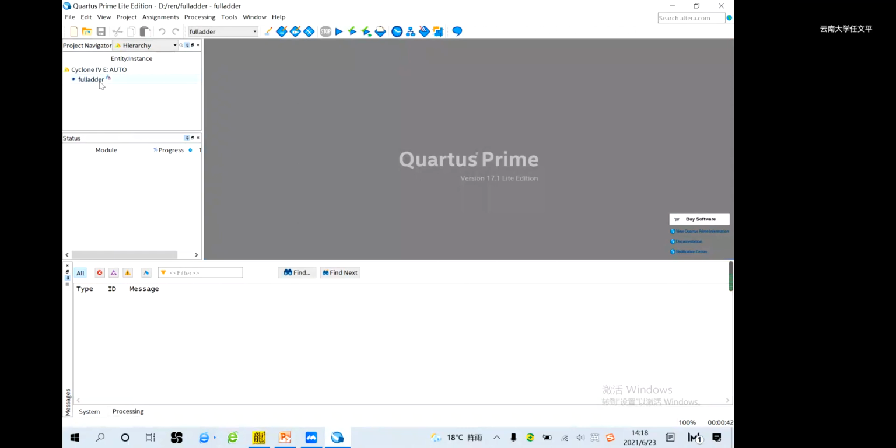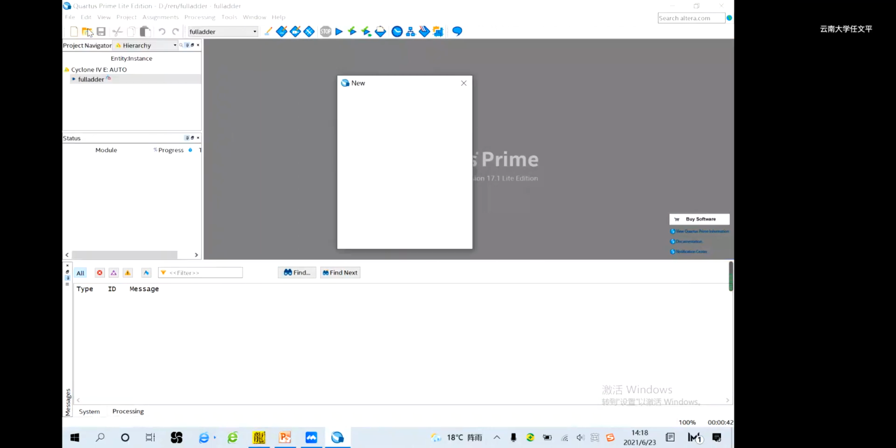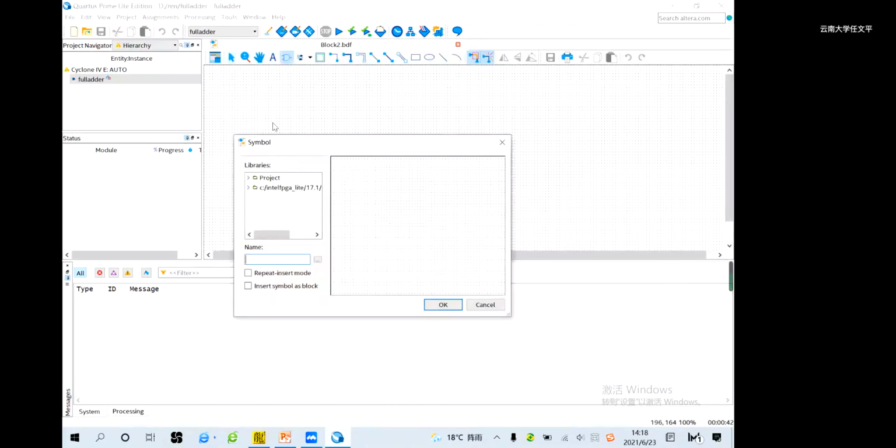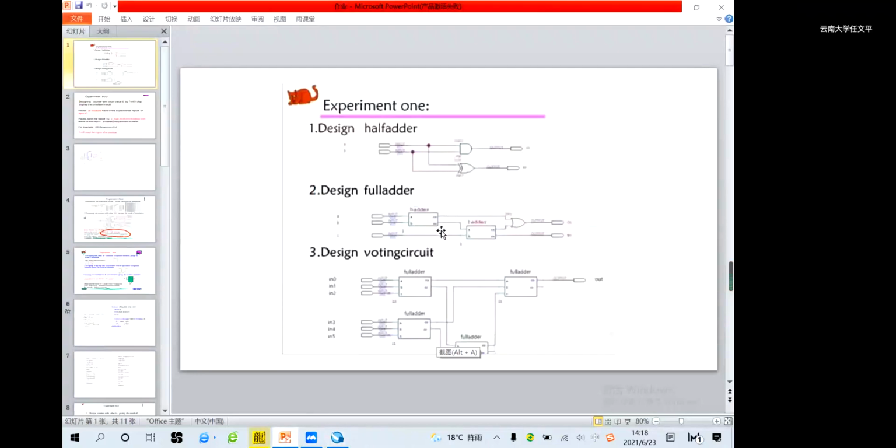This is a new project, and the new project is empty. Schematic. Okay. Look.